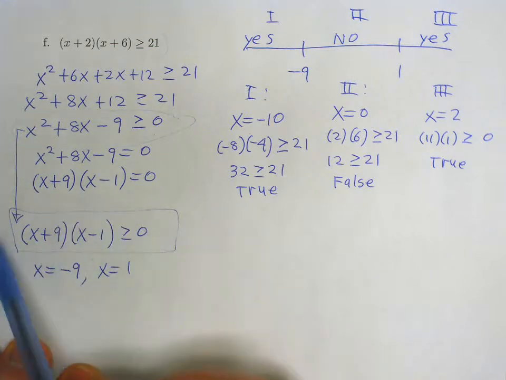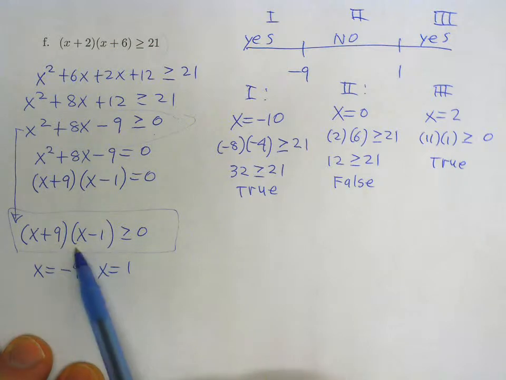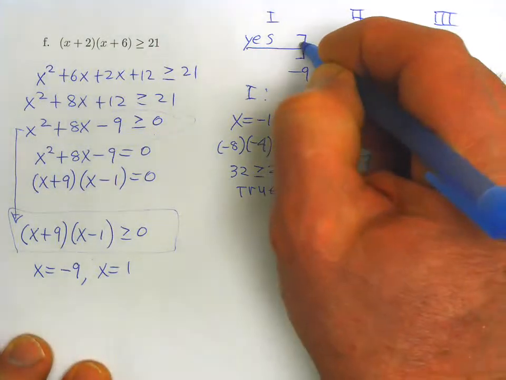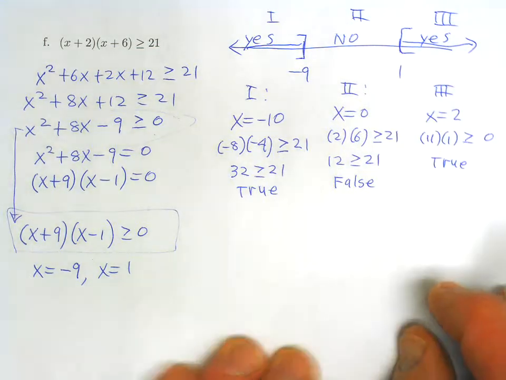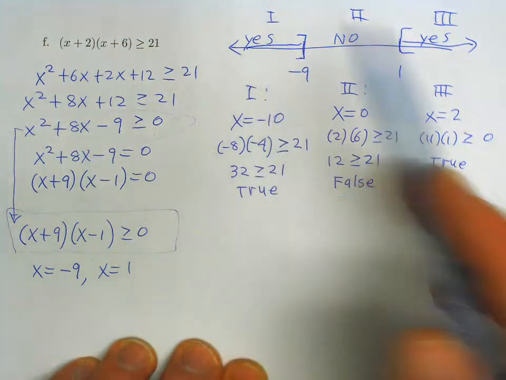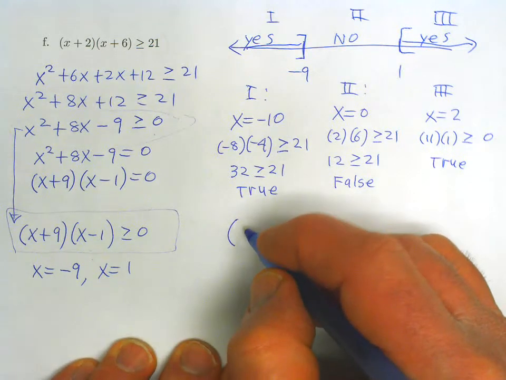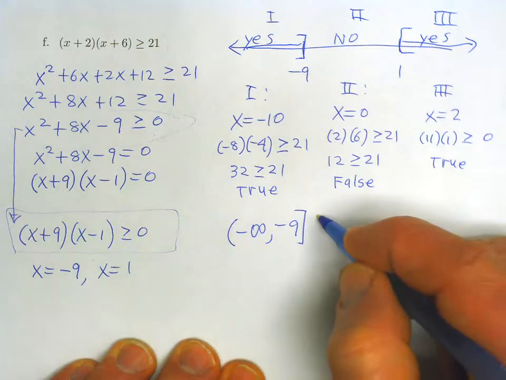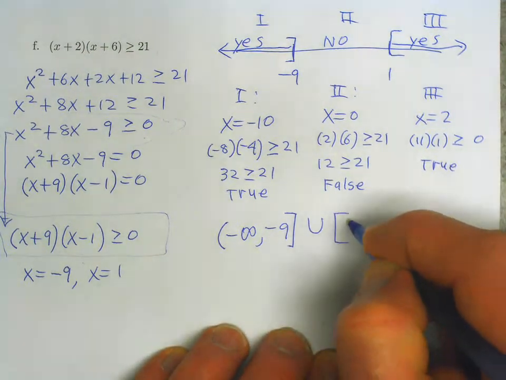So this reminds us that the endpoints are what make the left-hand side 0, and 0 greater than or equal to 0 is true. So graphically, we put a bracket at each endpoint. And then this part of the number line is in interval notation, parenthesis, -infinity, comma, -9 bracket, and then union, and then bracket 1 comma infinity.